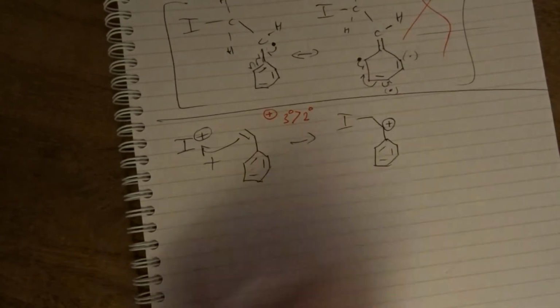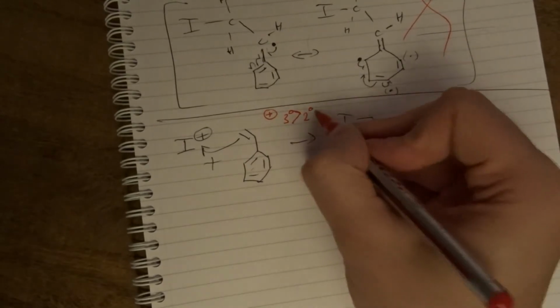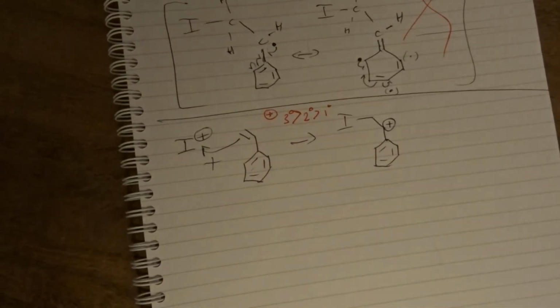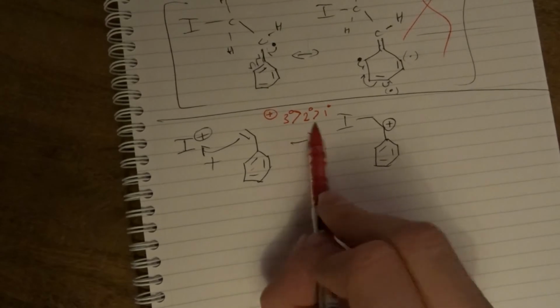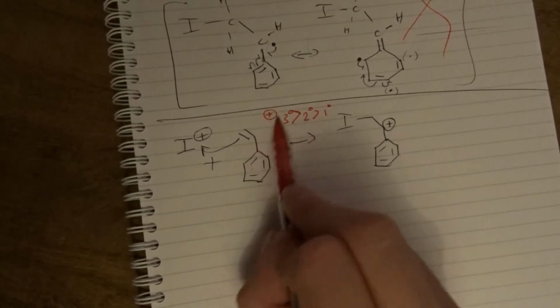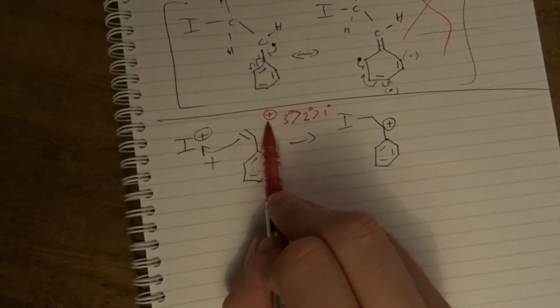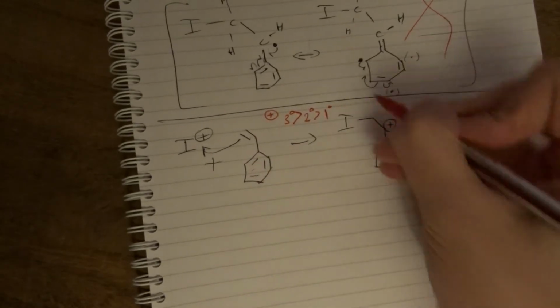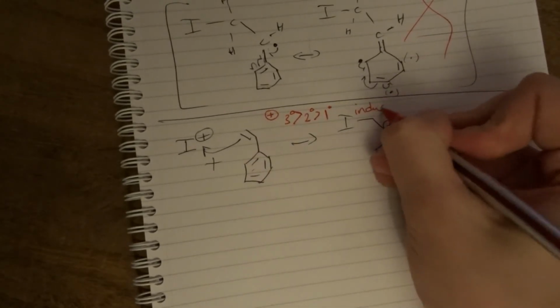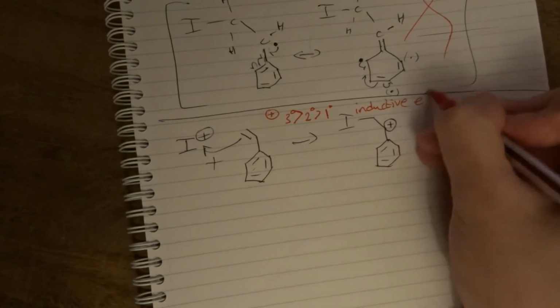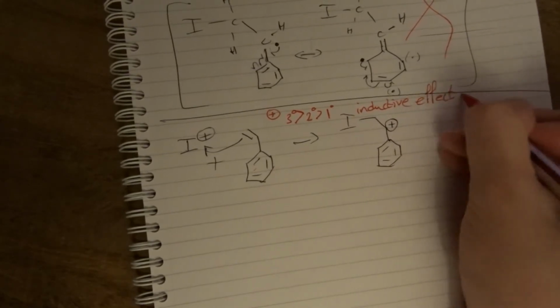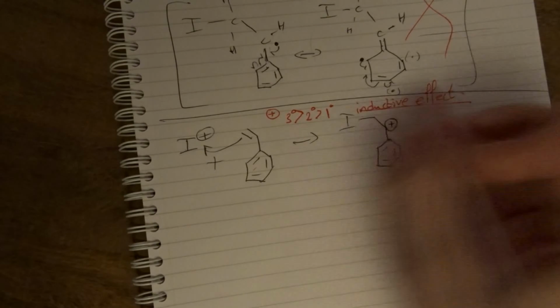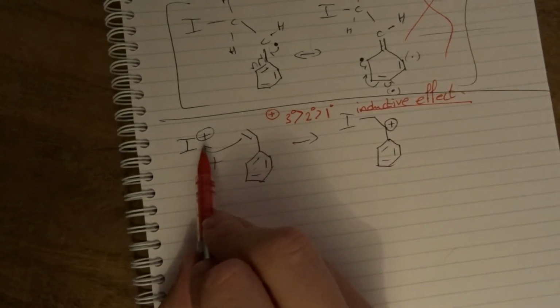Secondary carbons are also quite good stabilized, and primary carbons not very good. So once we have a secondary carbon atom, the stabilization for the positive charge is quite well. This is the inductive effect. So that's one reason why we can choose for the positive charge.